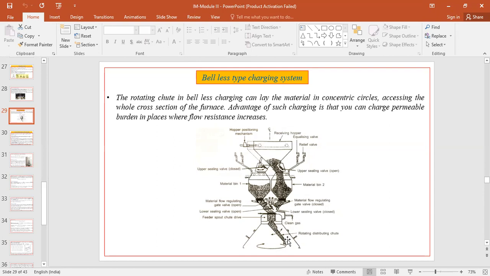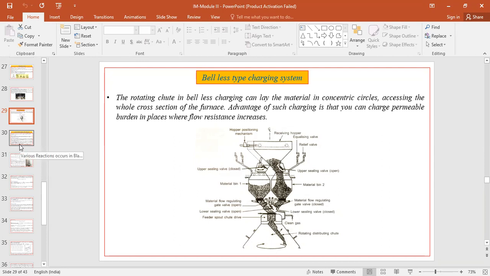The first few rings from the peripheral zone will be mostly coke-based burden, and when you are moving to the center, you again have coke, and the rest of the rings will be filled with the iron-bearing material majorly along with the flux and coke. Okay. So this is how the distribution of the burden takes place inside the blast furnace.